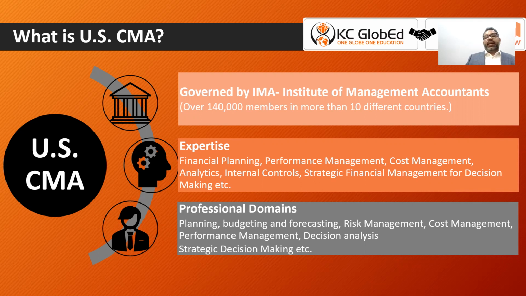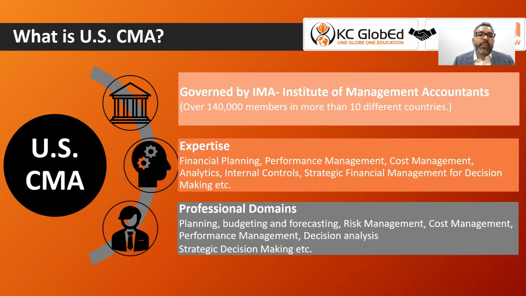Then second would be the risk management profile. That would be assessing the risk at the management level in the entity. That is a very unique profile which a CMA gets after qualifying US CMA. Next is cost management. In India we have ICWA, who work on cost management.